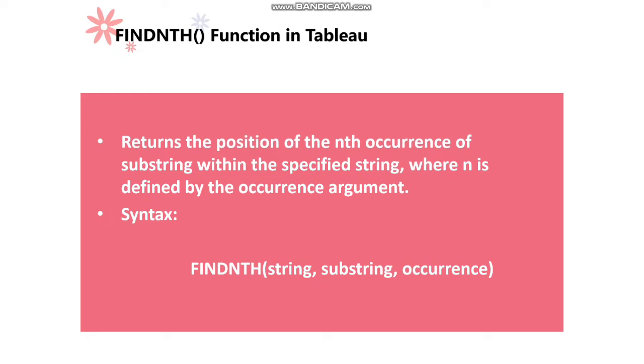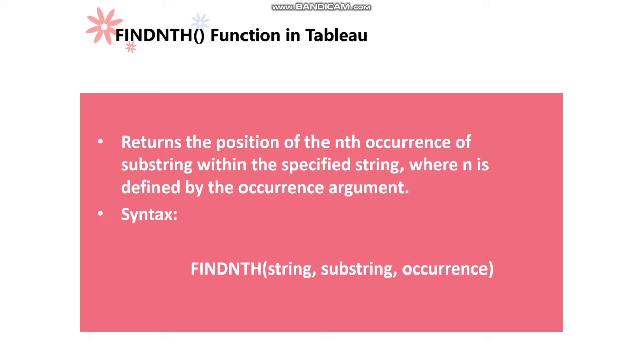The substring is the characters we are passing to compare with the string and find whether the substring is available or not. And occurrence is how many times the substring has been repeated in the string, to get the position of that particular occurrence of the substring.